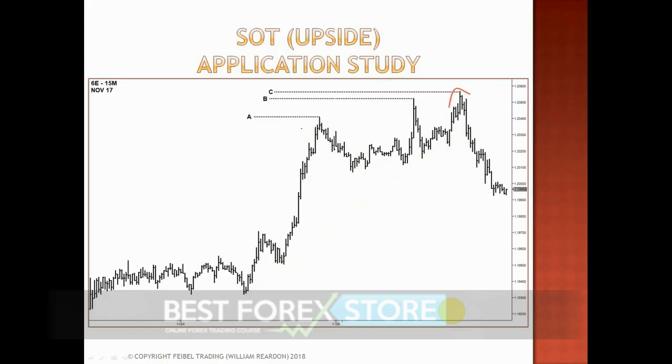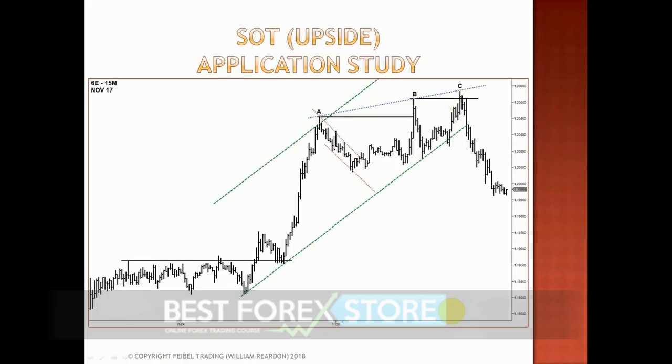If we go to here, we can clearly note shortening of the thrust in the price bars. But when we add structure, just a simple horizontal line, we get an entry point. We also have a demand line, a channel that we're working with, and we can also draw a reverse use of trend line.